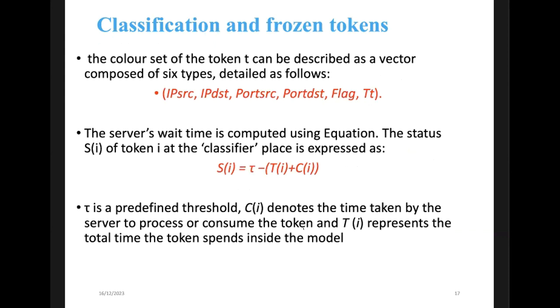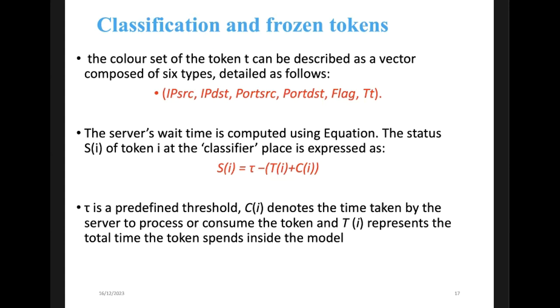In the classification process, we extend the colored communication structure cyclic net by introducing a time color set for each token, so we are enabling it to carry a time value during execution.